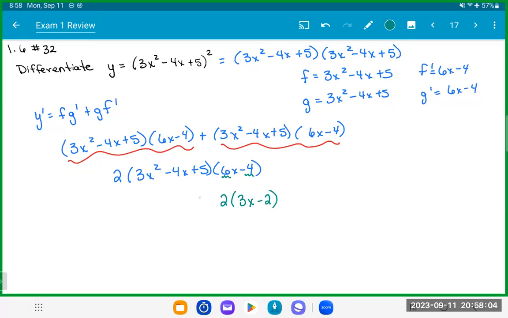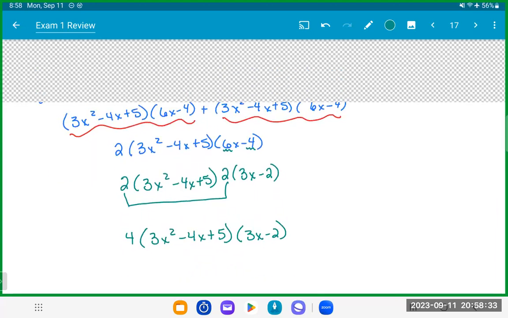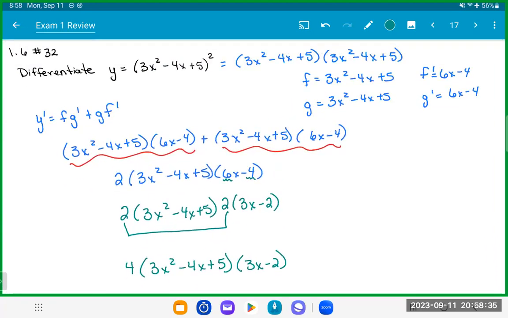The rest of this is 3x squared minus 4x plus 5. All I have to do now is take these two 2's, that makes a 4, and then 3x squared minus 4x plus 5 times 3x minus 2. That's it. Question.